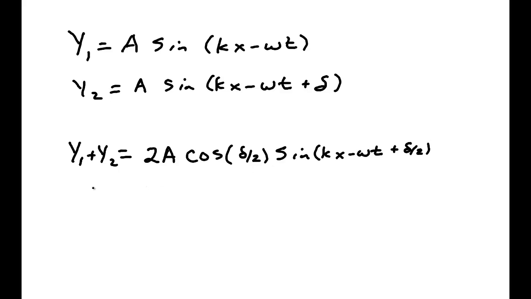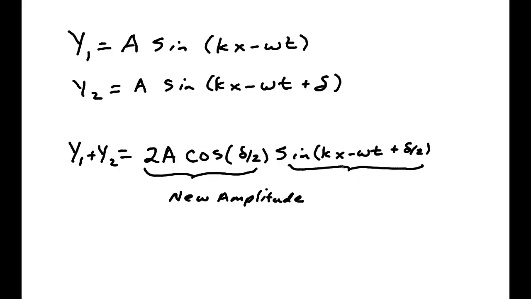For those interested in another video, I will show how you can derive this basically using vector arrows. What this says is that this produces a wave whose new amplitude varies from 2A, if cos(δ/2) is 1, all the way to 0 if cos(δ/2) is 0.